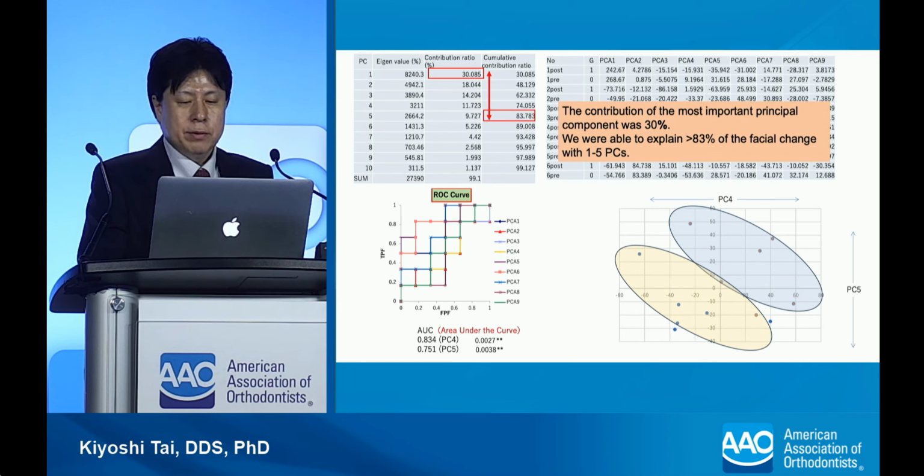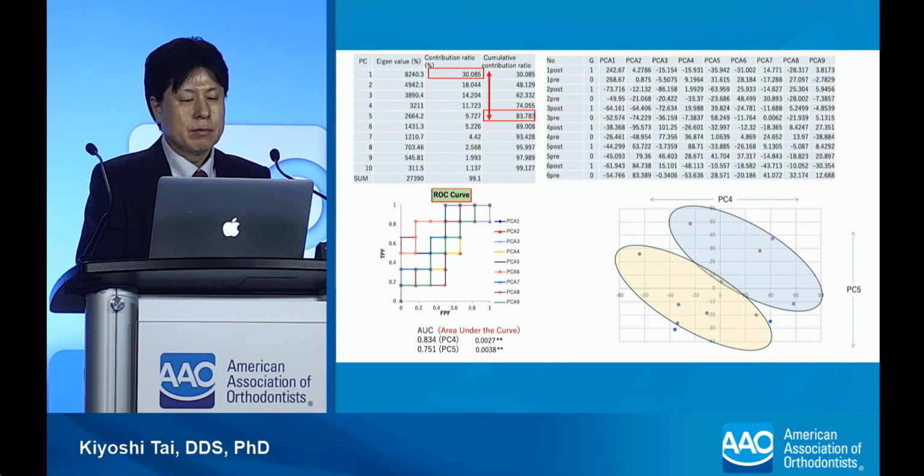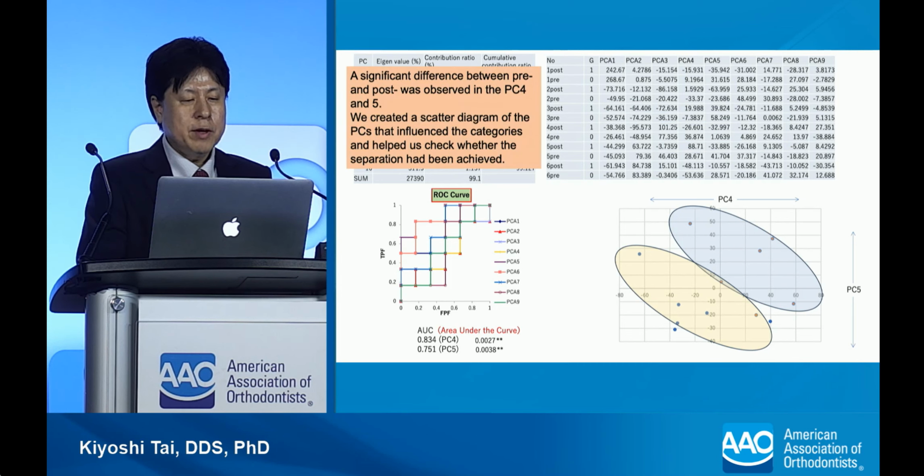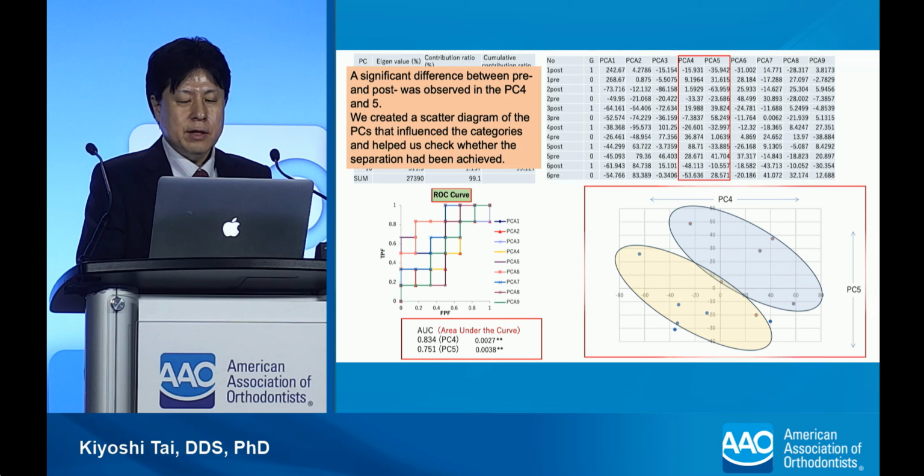PC1 to 5 explained over 83% of the total variance. A significant difference between the pre and post was observed in the PC4 and 5. We created a scatter diagram of the PCs that influence the categories, which helped us check whether the separation had been achieved.